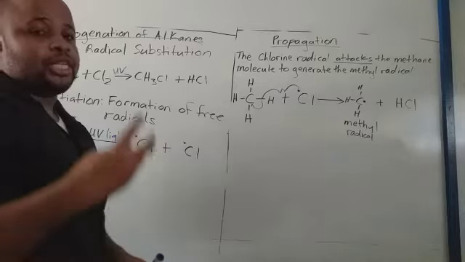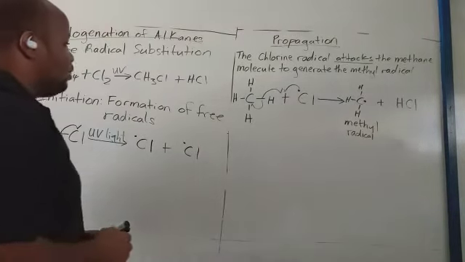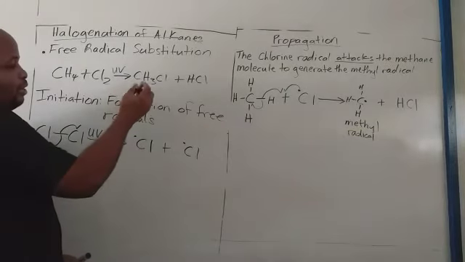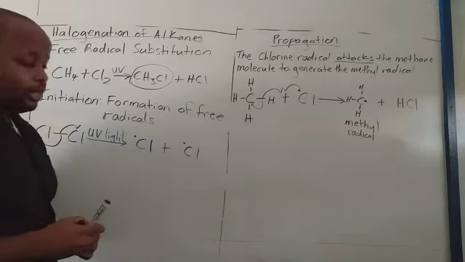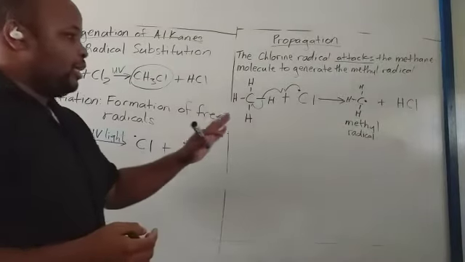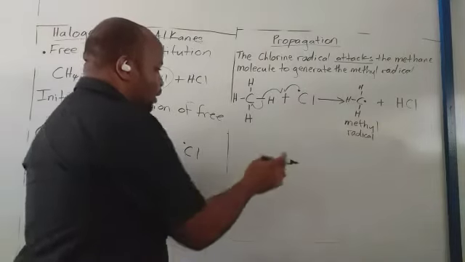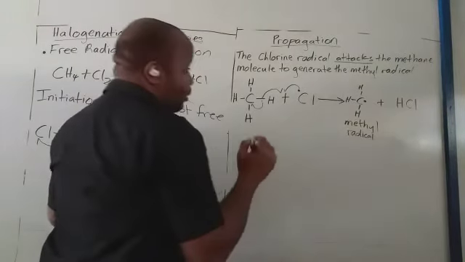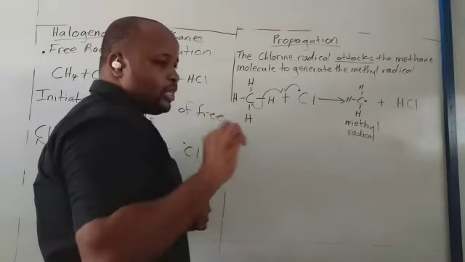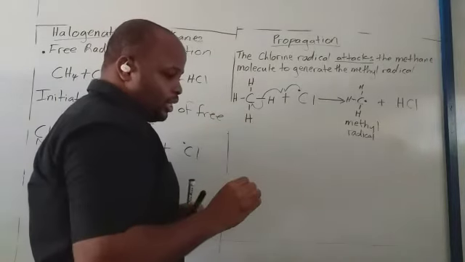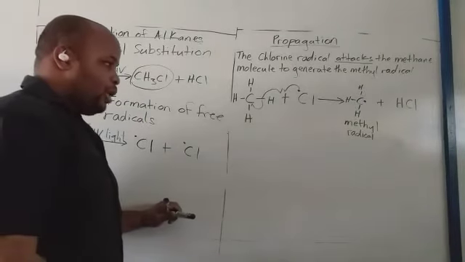Now propagation has 2 steps. This is step 1. Remember, if you pay attention here, we must end up with chloromethane. At the moment, we still have no chloromethane. So in step 2 now, just remember, in propagation, the general sequence of events in any step is that a radical will attack a molecule.